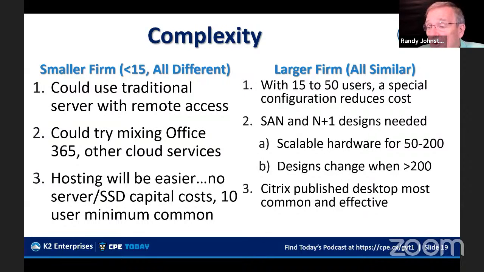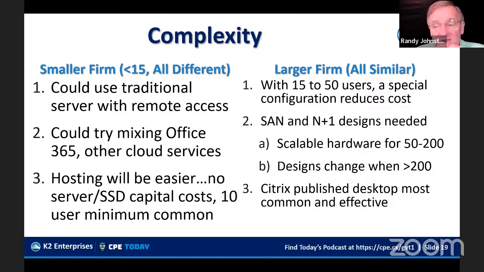On a larger firm, particularly, let's say in the 15 to 50 user range, you can define an environment where you can get very high performance, and with a little bit of thoughtfulness on the configuration, you can reduce the cost very notably. If you're doing the designs to scale, normally there's going to be storage area networks, and we want redundancy.